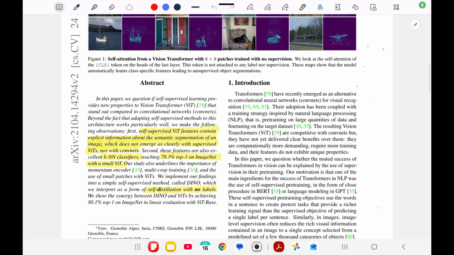Hi, this is a bit of an explanation of the DINO paper, which stands for distillation with no labels.